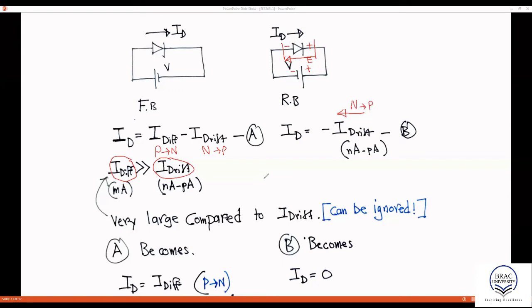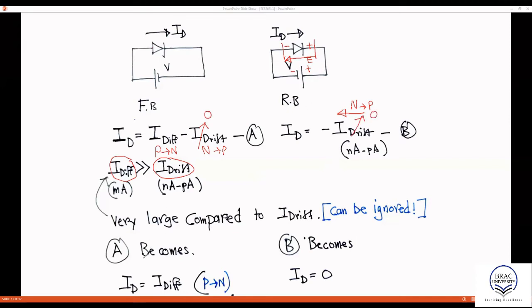So for practical purposes, we can ignore the drift current component compared to the diffusion current component. If I ignore it, I can set this one equal to 0. I can also set this one equal to 0.